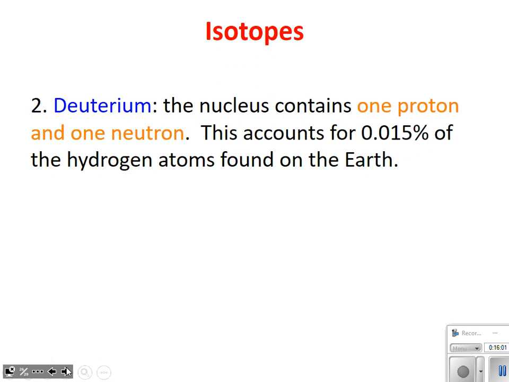Deuterium accounts for approximately 0.015% of the hydrogen atoms found on Earth. So deuterium is one proton, one neutron.